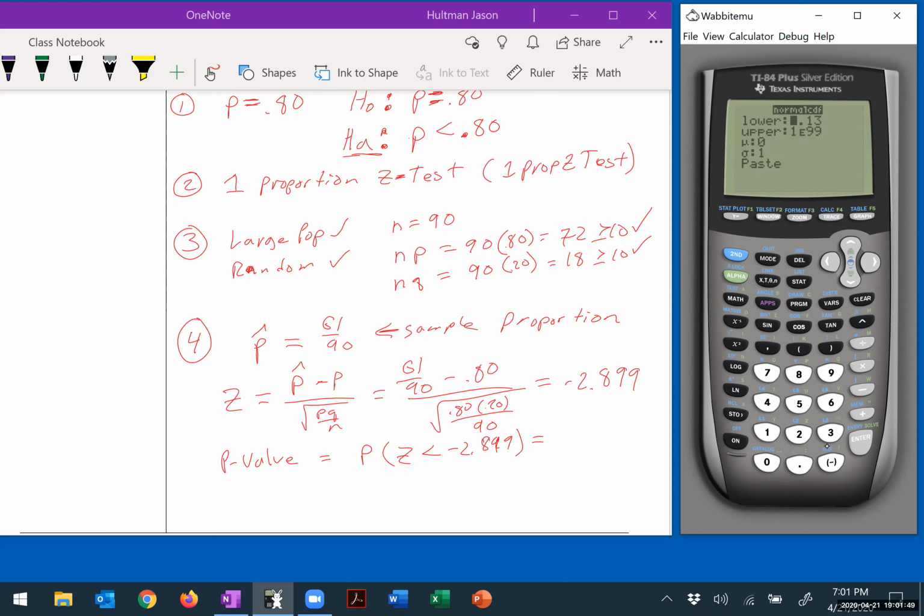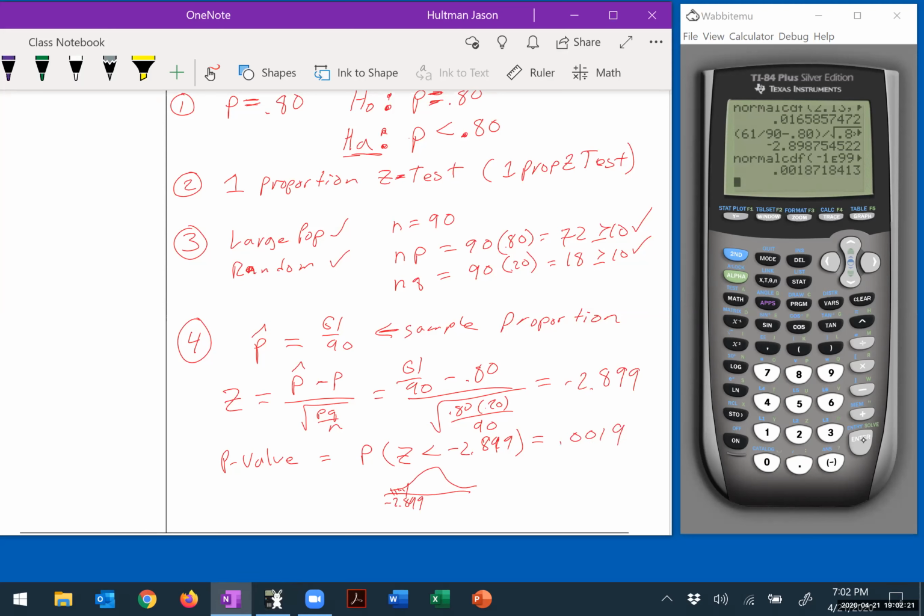So we go from negative infinity all the way up to negative 2.899, with 0 and 1 because it's a z-score, and that's 0.0019.